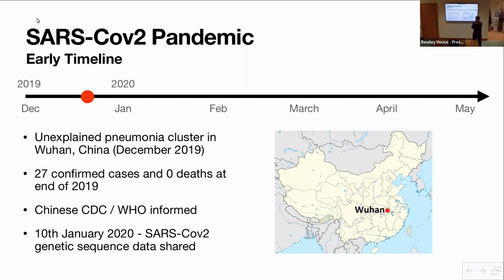This happened to be in Wuhan, where a lot of people had pneumonia and no one could work out why. At the end of 2019, they had 27 cases within the hospital, but nobody had died. But they were very concerned because these people were getting severely ill. No one knew why.